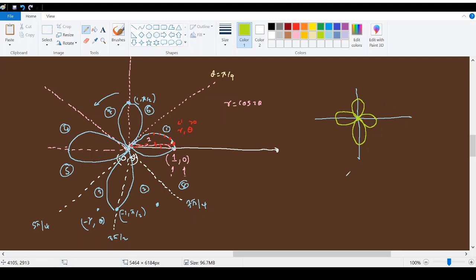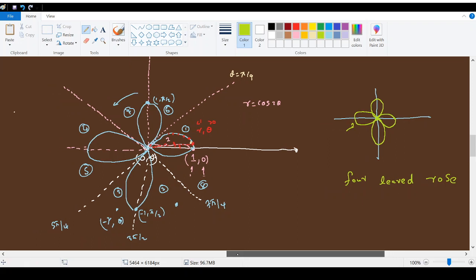And this is called the four-leaved rose, right? So if you draw it correctly, you can see that all these portions are symmetric. It's like a petal, I mean these are like petals of a rose flower, right? That's why you call it a four-leaved rose.